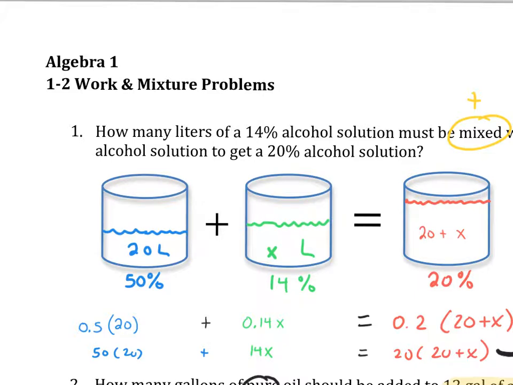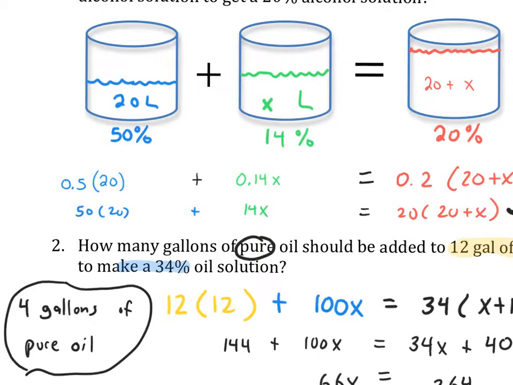Now you can do it in terms of converting the percents to decimals, or you can just ignore that entirely and start right here like we did. 50 times 20 plus 14 times x equals 20 times 20 plus x.